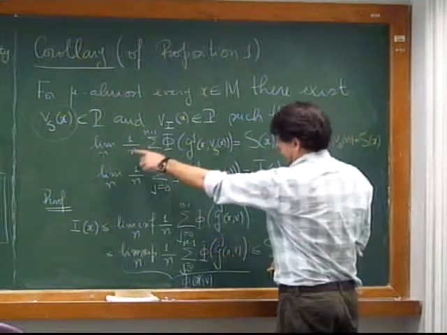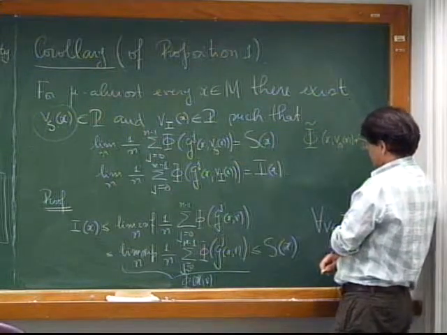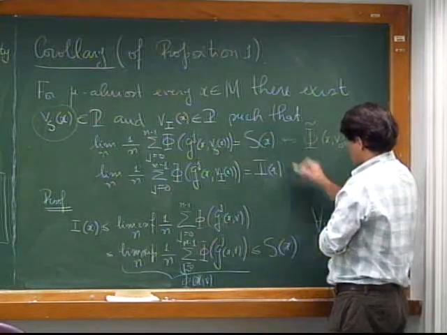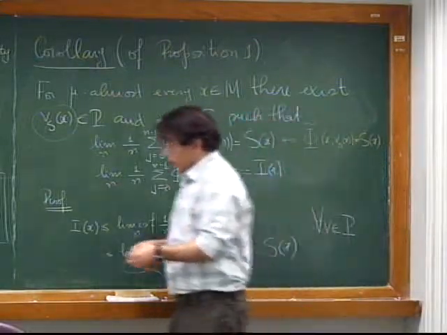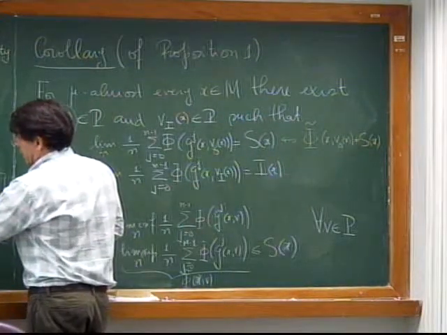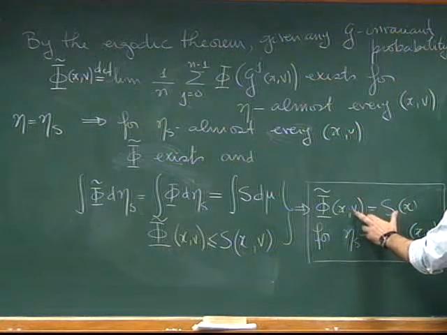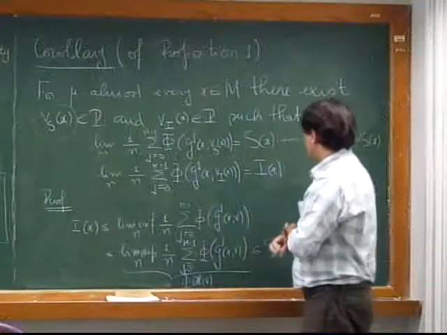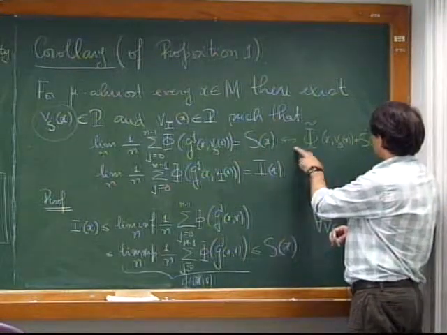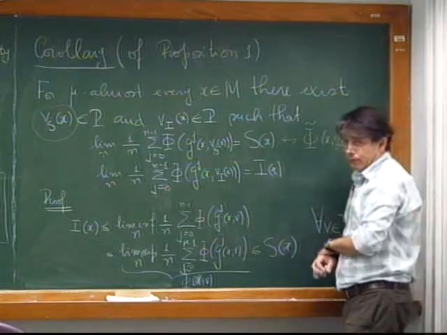This left-hand side is phi twiddle, and this is S. So what I know is that this equality is true for almost all pairs. And I want to prove that for each point x, I can find a vector v where the equality is true.